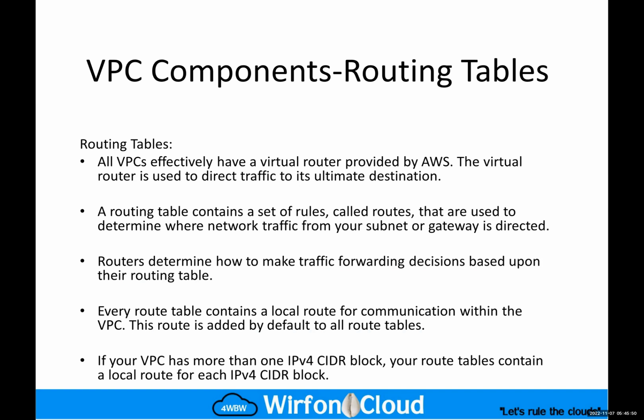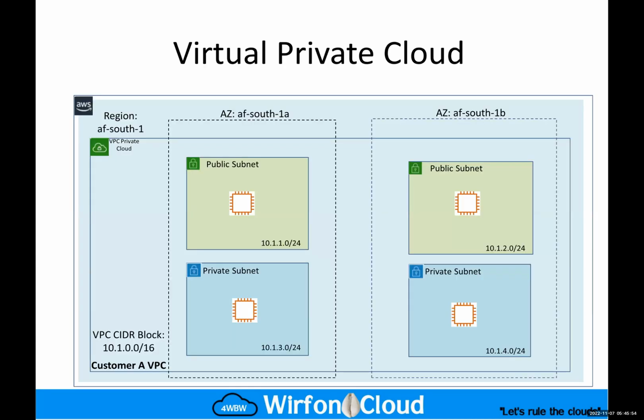I think I can just add a big reminder for everyone. Remember when the topic of global infrastructure was covered? AWS is divided into regions, and then you always have availability zones.